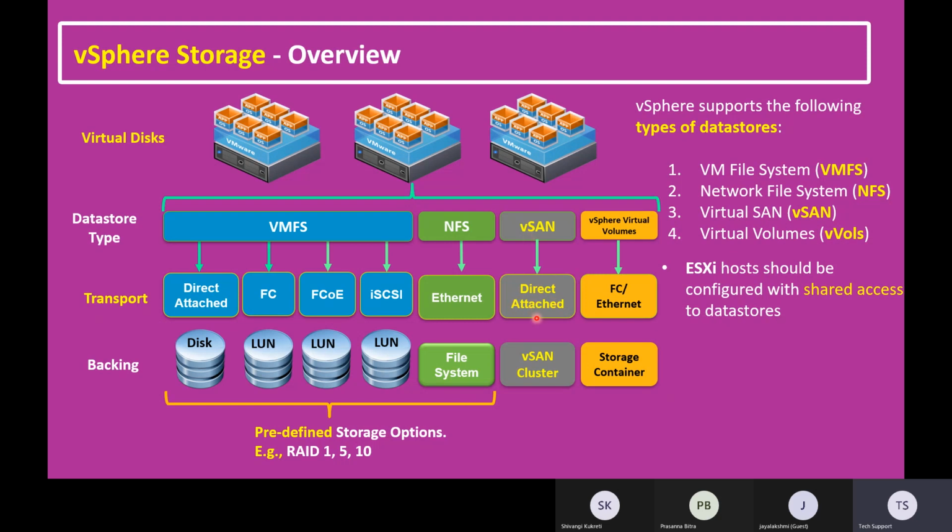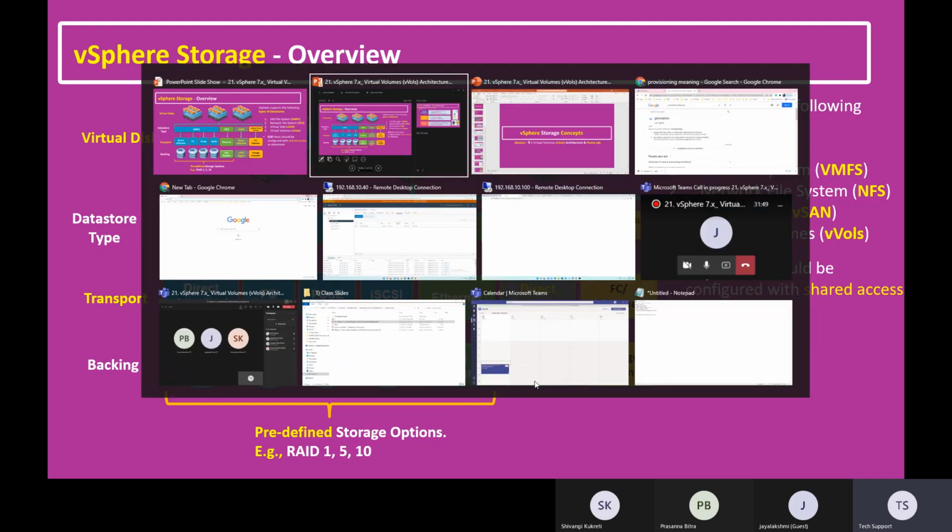Even in our previous lab, we configured vSAN using 3 ESXi hosts. On each host we assigned multiple hard drives. Using multiple local hard disks, we made it a virtual SAN, and we created a vSAN cluster. But when we create a vSAN cluster, how do we enable the vSAN feature at the cluster level? Suppose I log into our lab system.